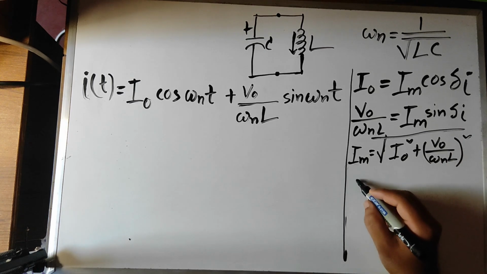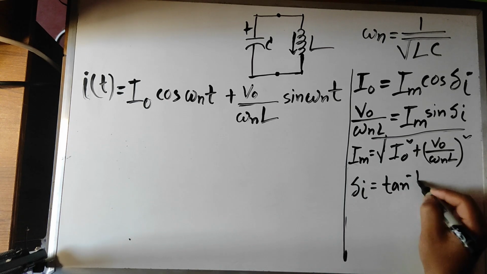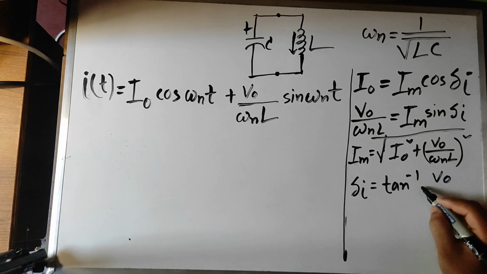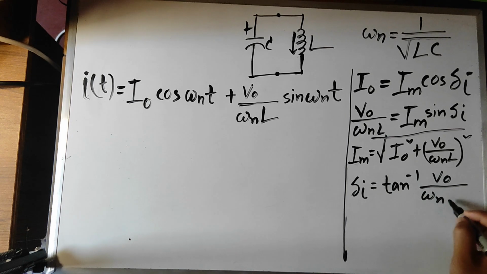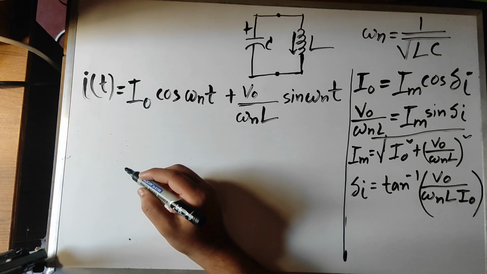And we can also find delta I, which is tan inverse of V0 by omega n L I0. So these are the assumptions we have made to get the amplitude phase form.